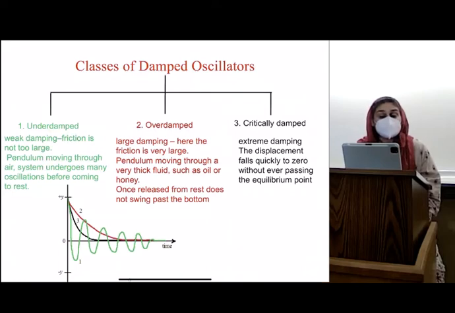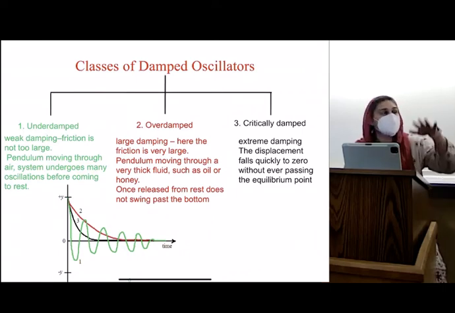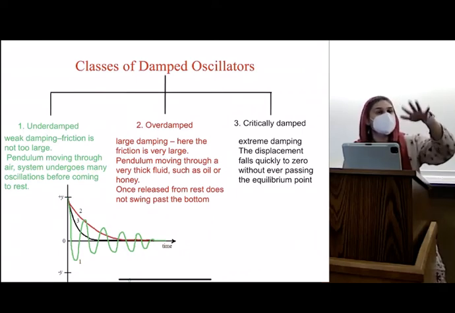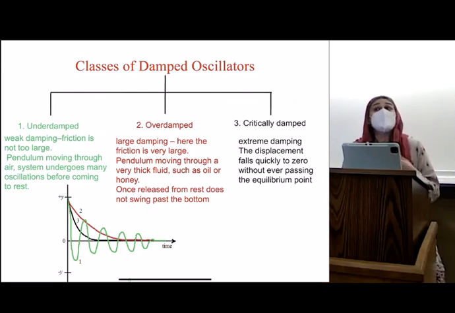So the three kinds of damped oscillators include underdamped, overdamped, and critically damped. So think about these three things as this. Underdamped will be in air. It will oscillate for a long time before coming to rest. Overdamped would be kind of like when you have it in water.